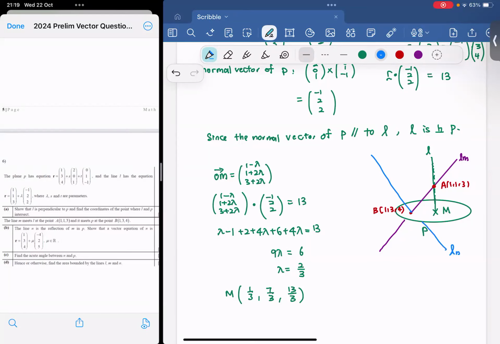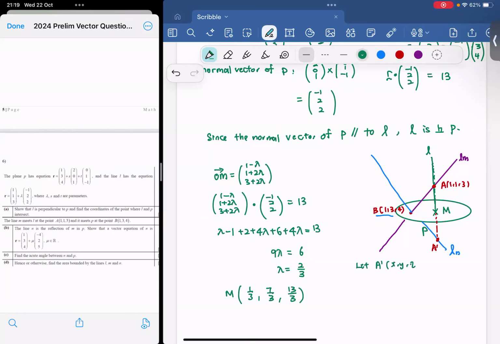To find line N, we need the direction vector of line N, and for that we need 2 points on line N. One of the points we have is point B already. We need another point, which is the reflection of A by M. Let A prime be (x, y, z).